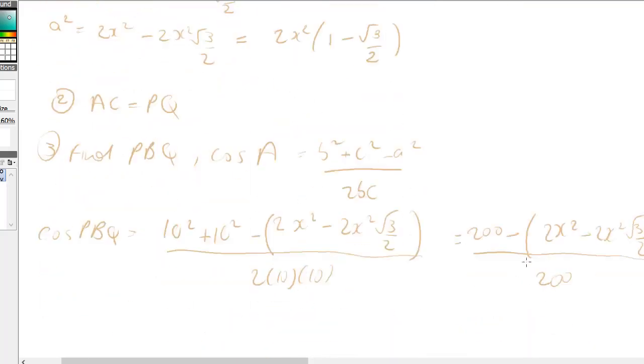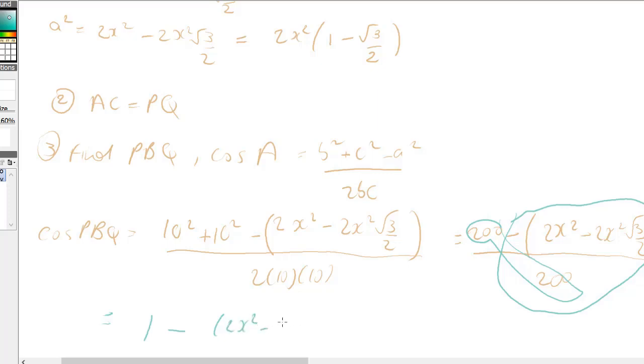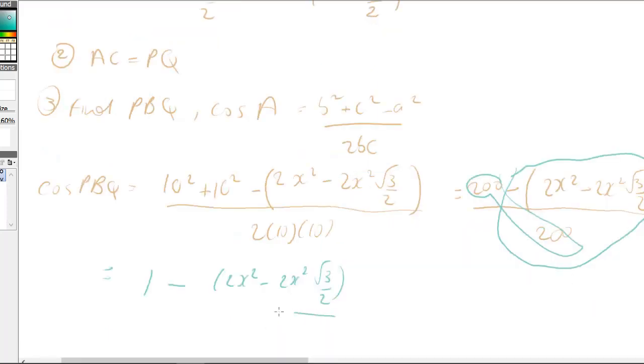So essentially what we can do is separate into two different fractions as follows. So we get this equals 1 minus 2x squared minus 2x squared square root of 3 over 2, over 200.